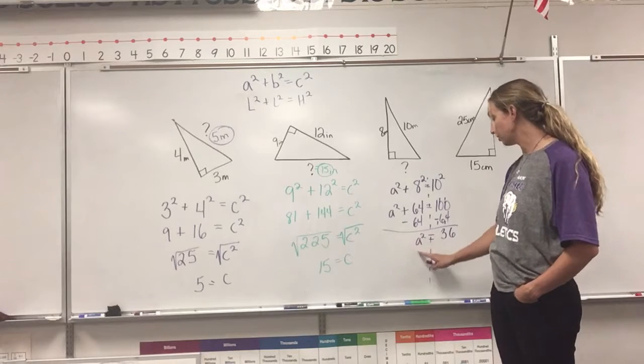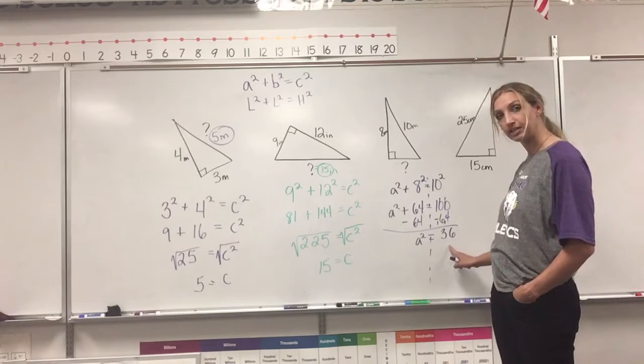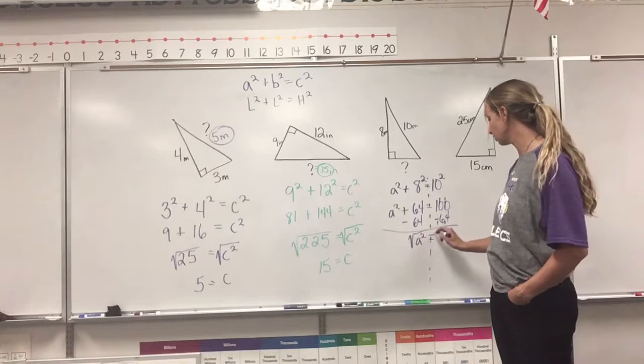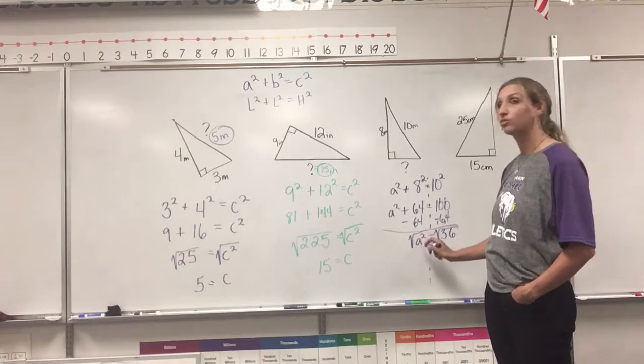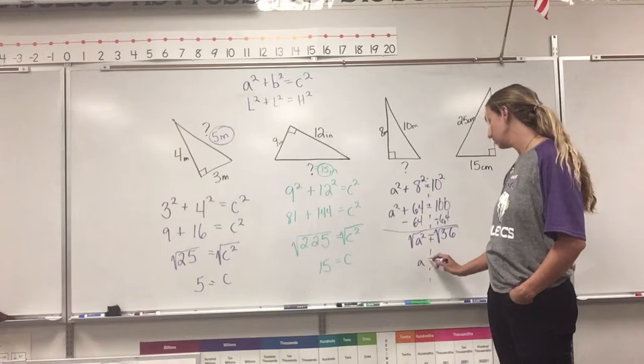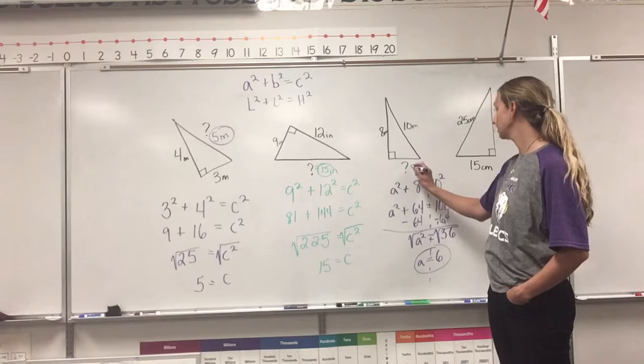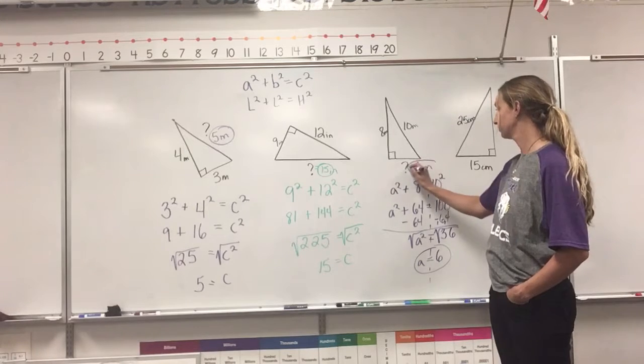So I have to think of a number times a number that equals 36. Well, how do you find that number? You find the square root of it. So I'm going to square root both sides. The square root of a squared is a, and that's going to equal 6.